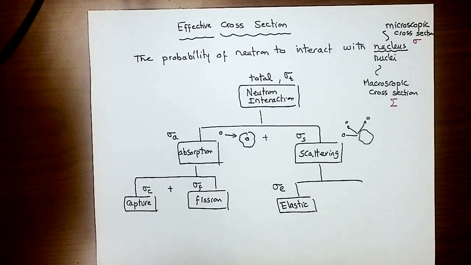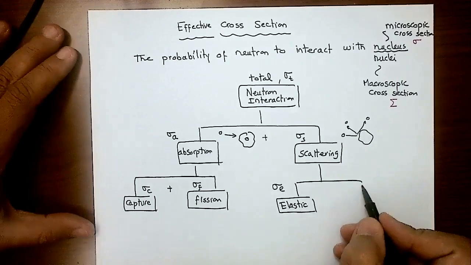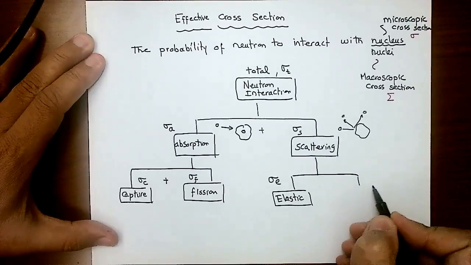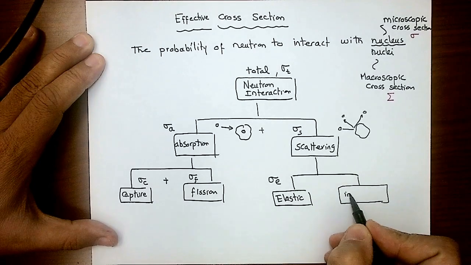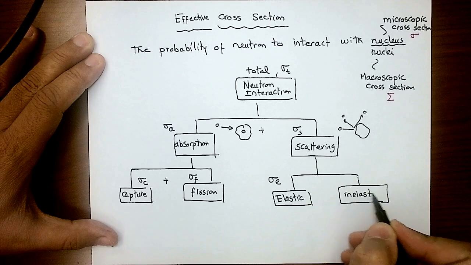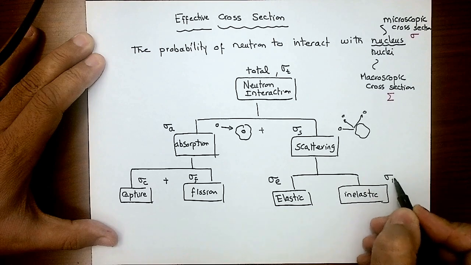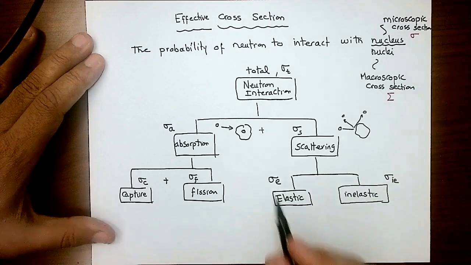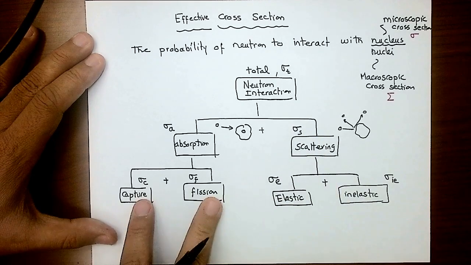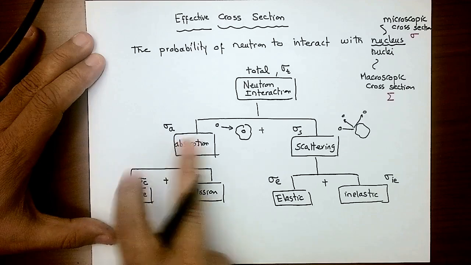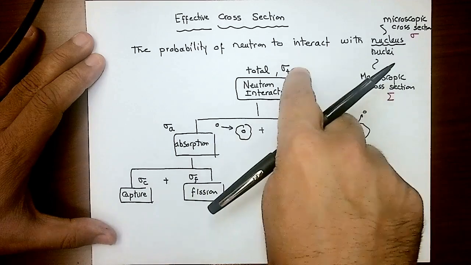The other type is where the level of energy is impacted by the collision, and we call that inelastic scattering, sigma inelastic. Again, you add up the two sub probabilities, and it gives you the upper one. You add these two together, and it gives you the total.